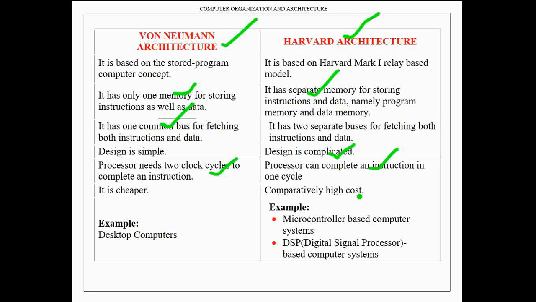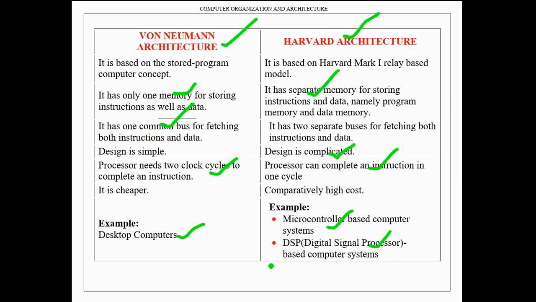Whereas Harvard architecture, since it has separate memory and separate buses for handling instructions and data, its cost is comparatively higher than von Neumann architecture. An example for von Neumann architecture is desktop computers, and examples for Harvard architecture are microcontroller based computer systems and digital signal processor based computer systems.